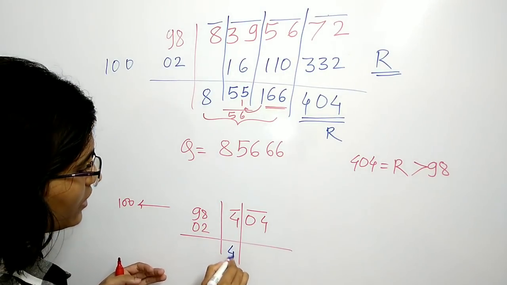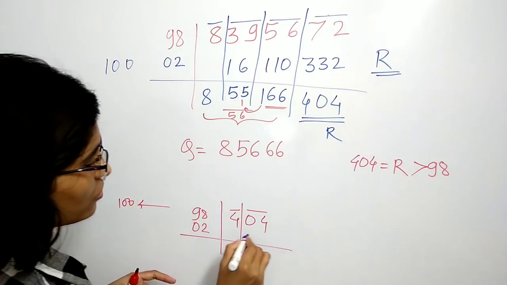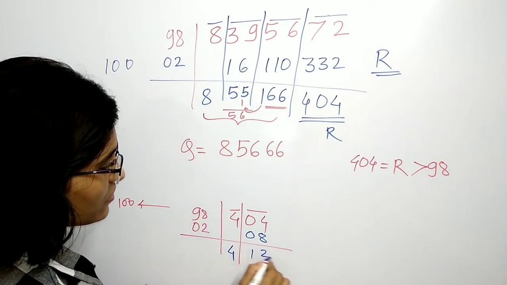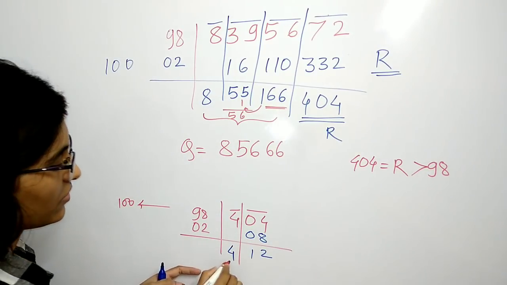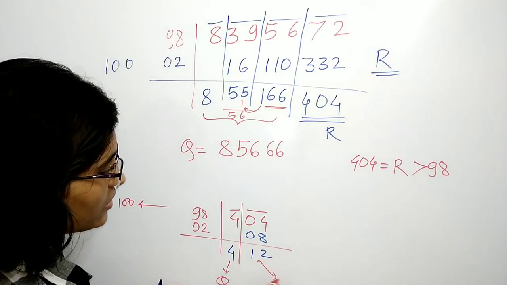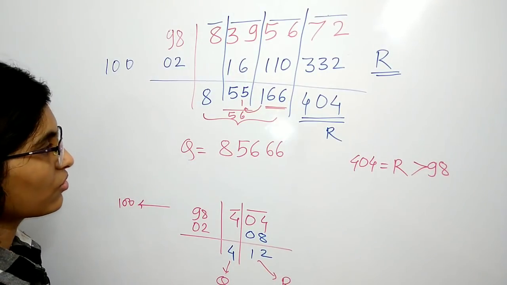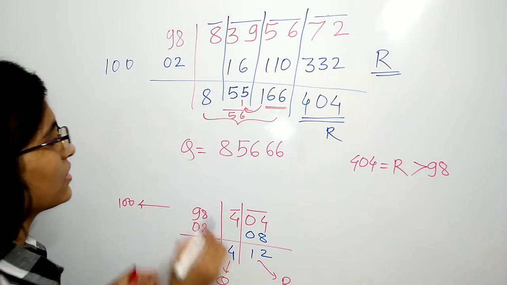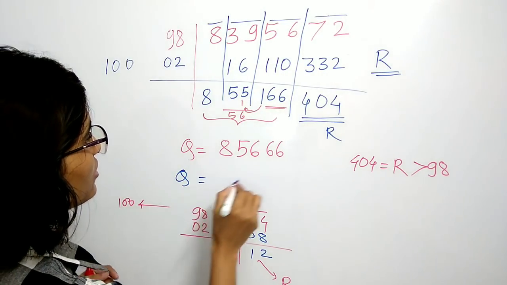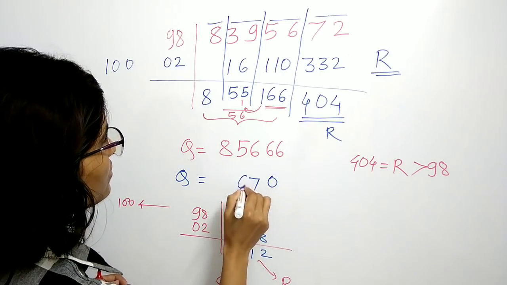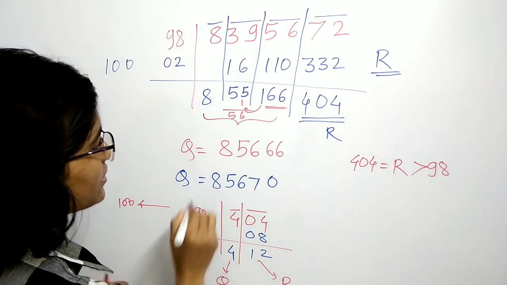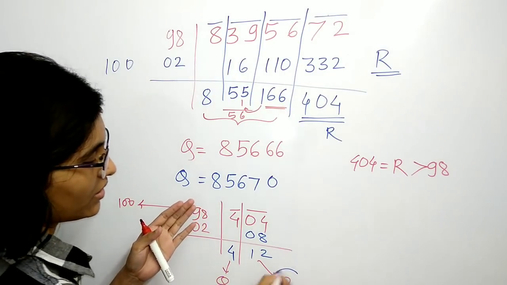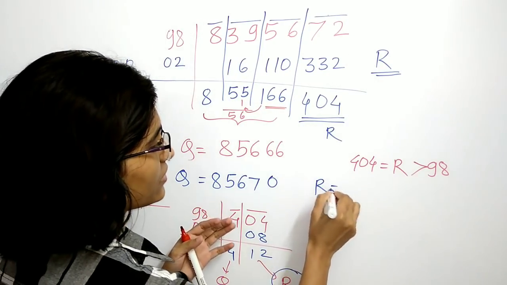Now write 4 over here. 4 times this 02 is 08, which is 12. Right. So this is our quotient and this is our remainder. So in this case, the quotient is just adding this 4 to this quotient, right? So this is just 85670. And the remainder is just 12.